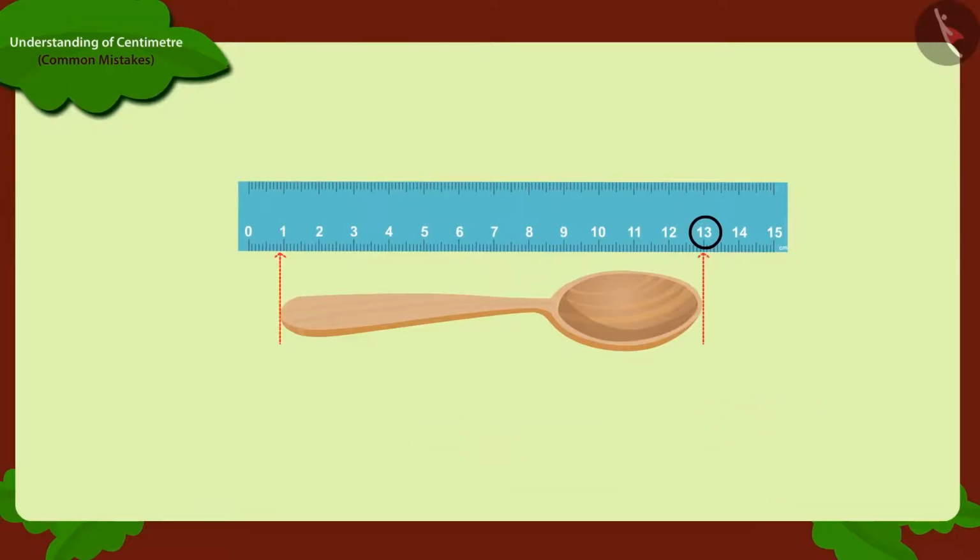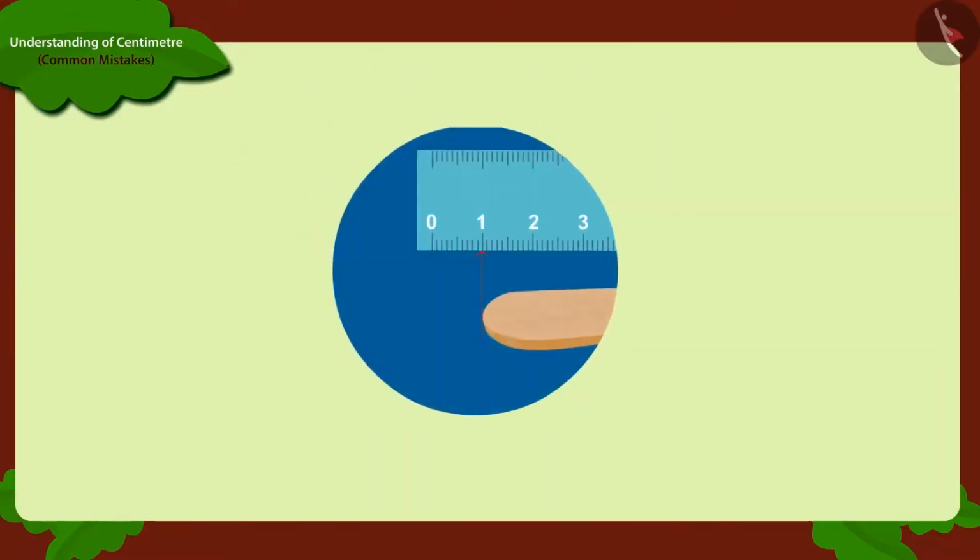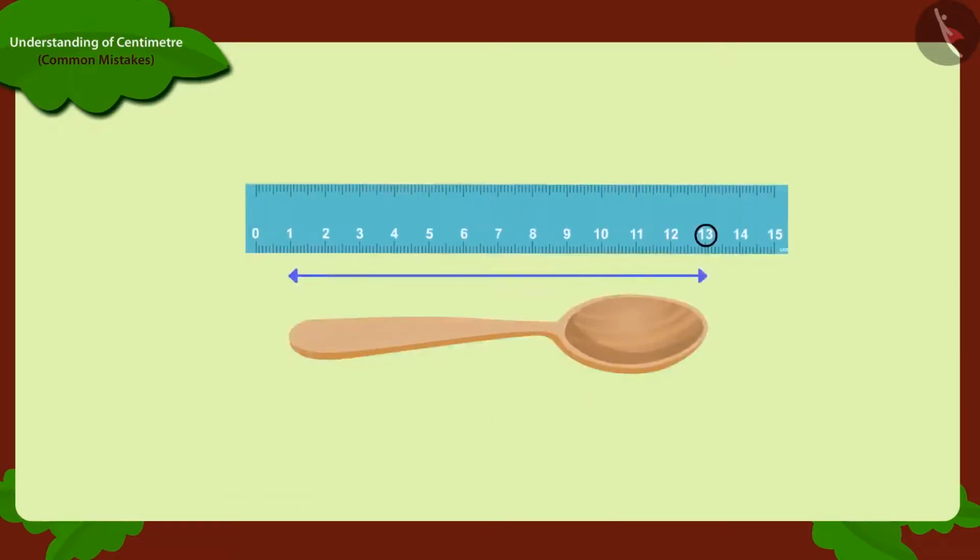Yes, this time when Chanda measured the length of the spoon, she started measuring the length by 1 instead of starting from 0. So, 1 centimeter in length of spoon was added.